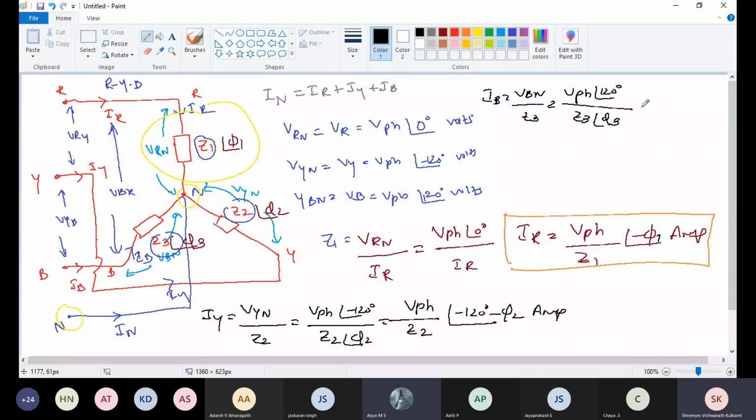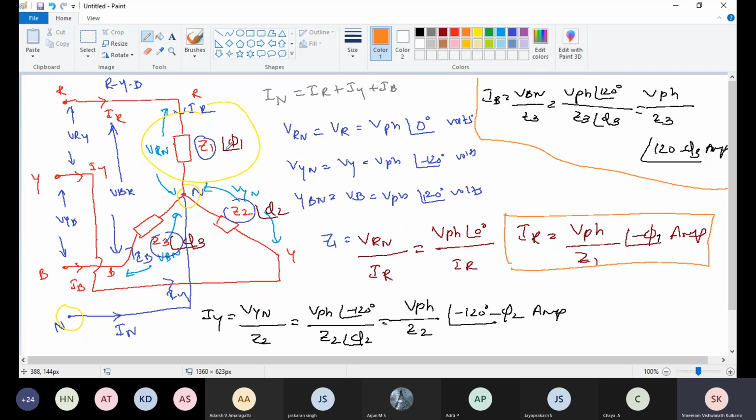So IB is V phase divided by Z3 at angle 120 minus phi 3. These are the three equations we get if my load is unbalanced.